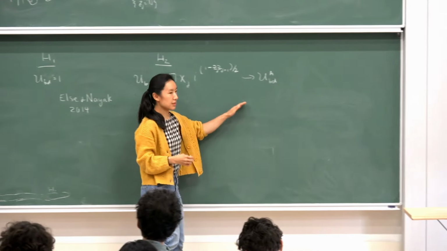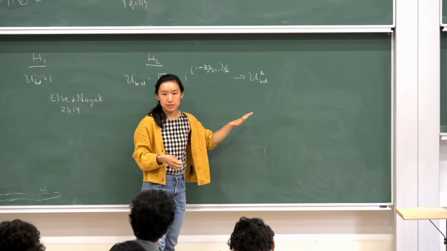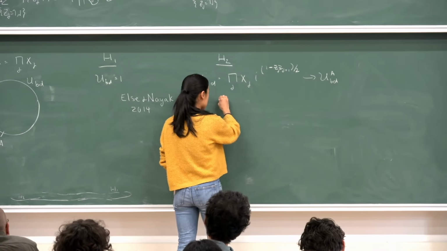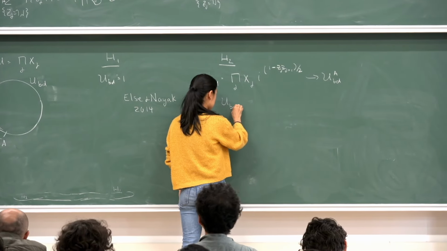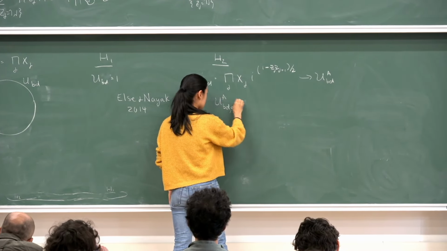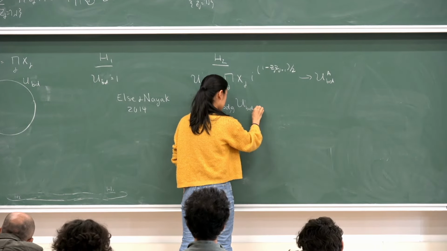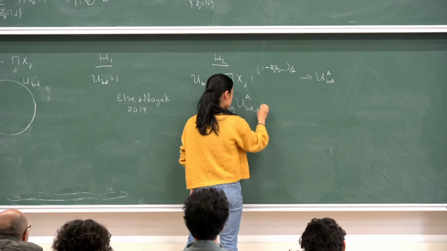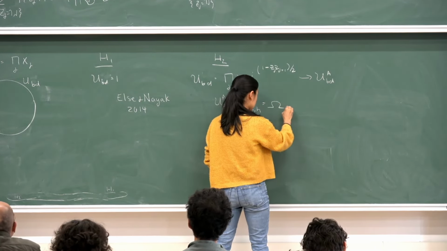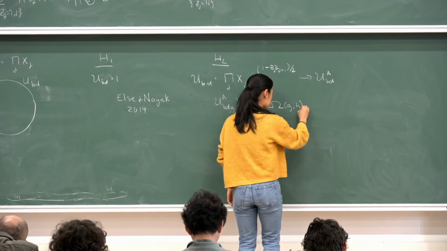And now the group law no longer holds near the boundary of A. So what you find is that U boundary G A, U boundary H A equals omega G H U boundary GH A.